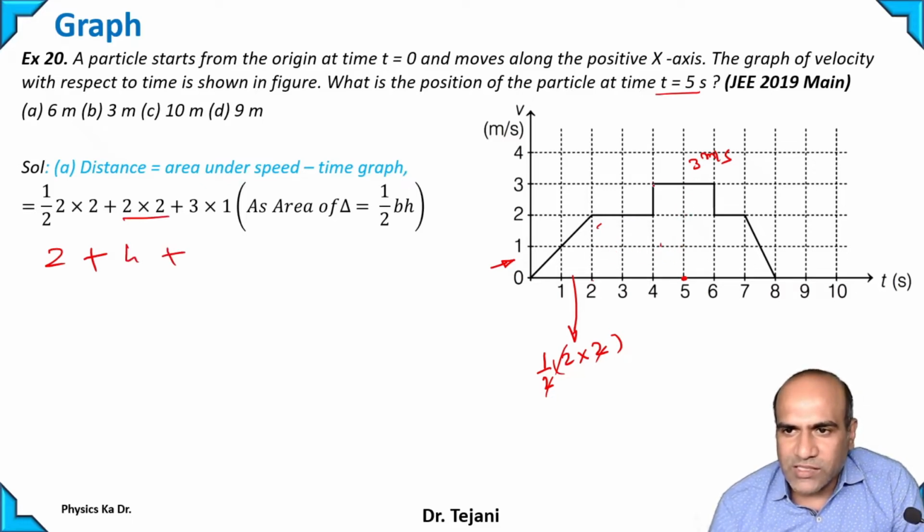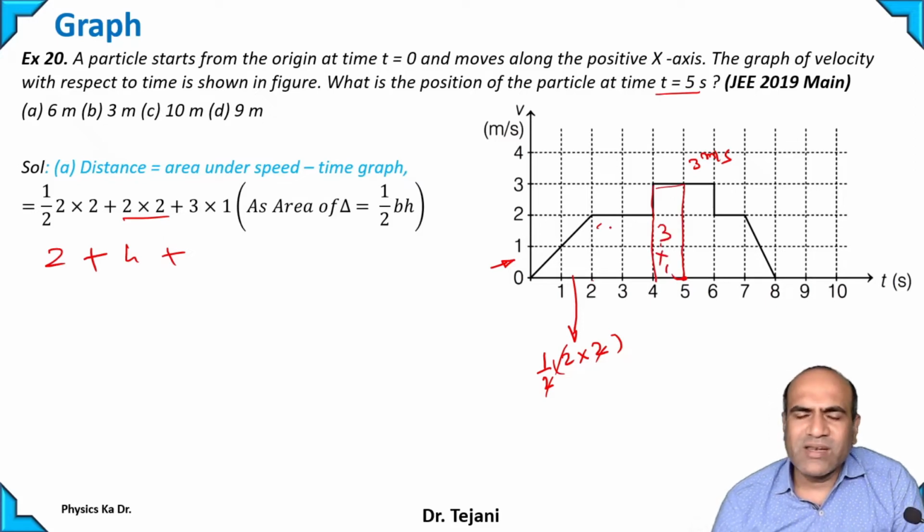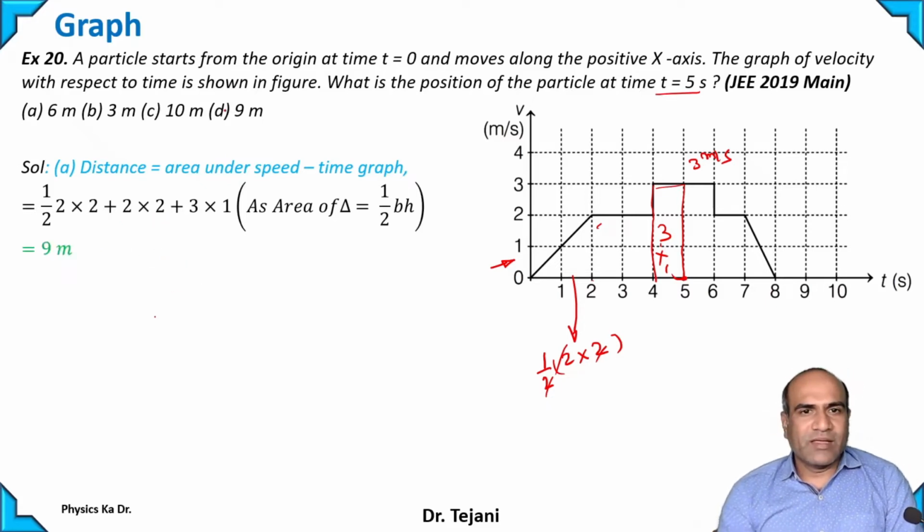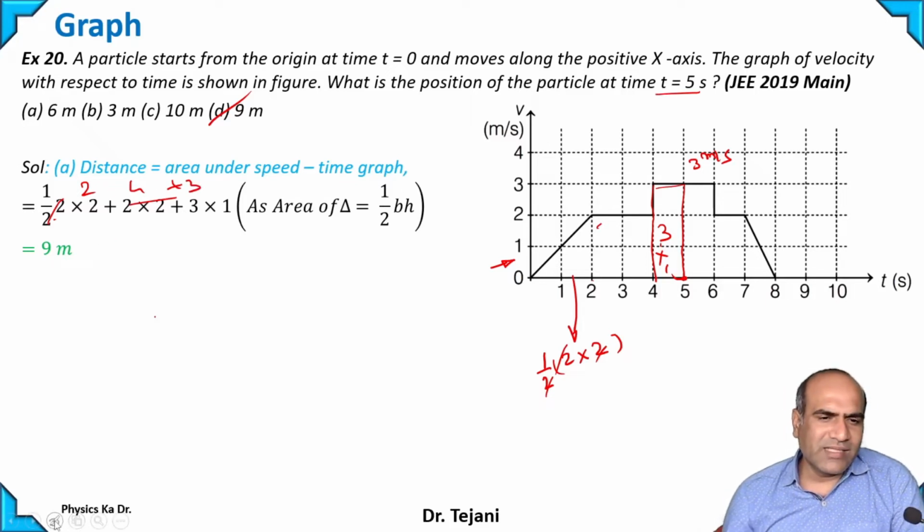Plus this region, 3 multiplied by 1, it is 3. So the solution is 9 meter. 9 meter is the correct answer. This is 2 plus 4 plus 3, 9.